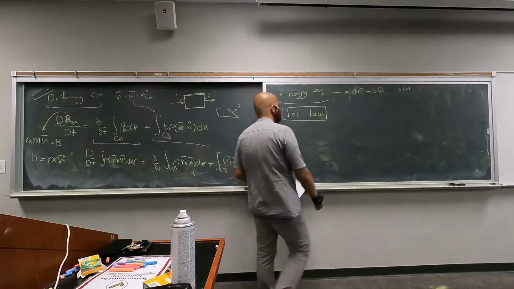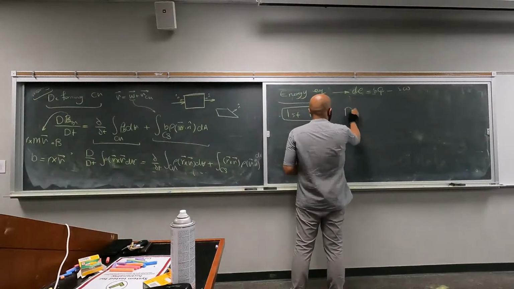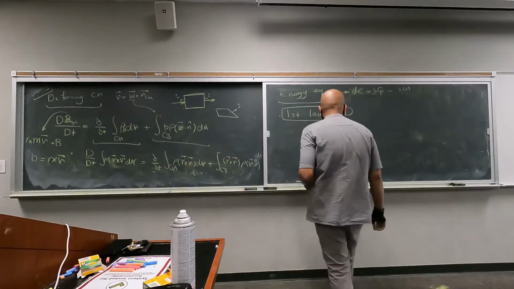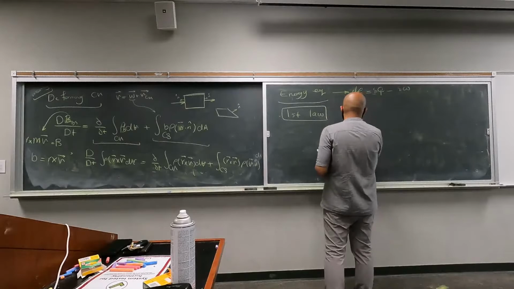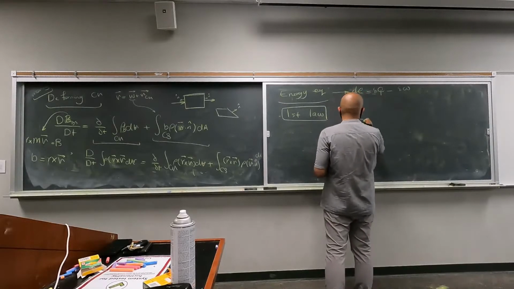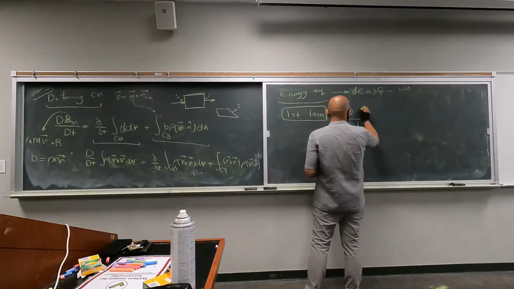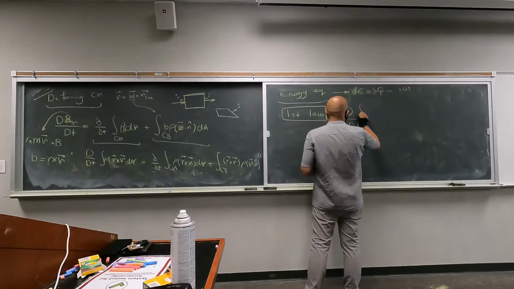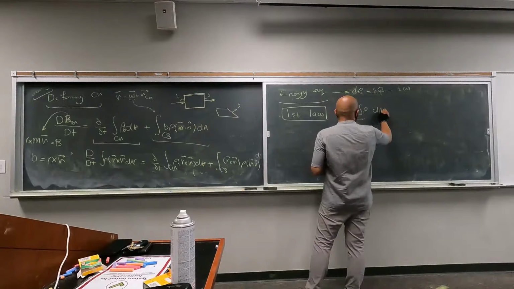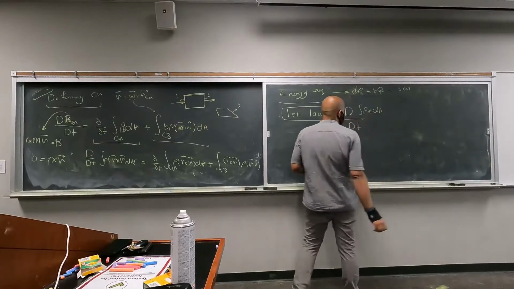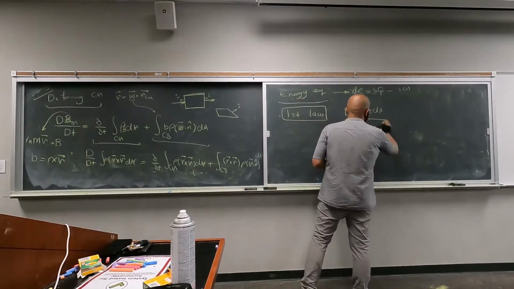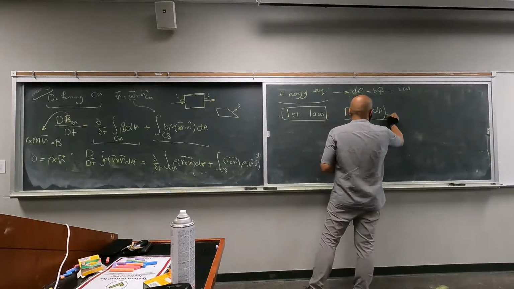This part is talking about d of the total energy dt, right? How did we calculate total energy? We are not going to assume density is constant, so your m is going to be the integral of rho dV, and then we can add an e in between. So this is for the system.